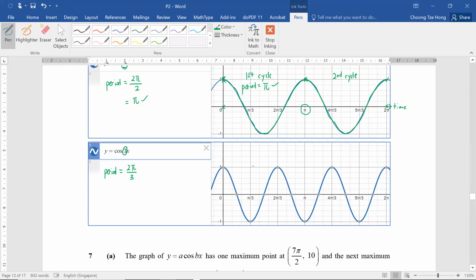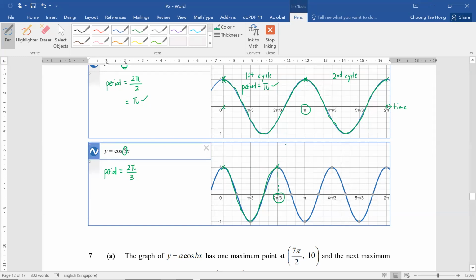Let's see from this graph, is the period really 2 pi over 3? The period is the time for one complete wave, from maximum, go to the minimum, and come back up to the maximum. You can see 2 pi over 3 over here. So the period is 2 pi over 3.